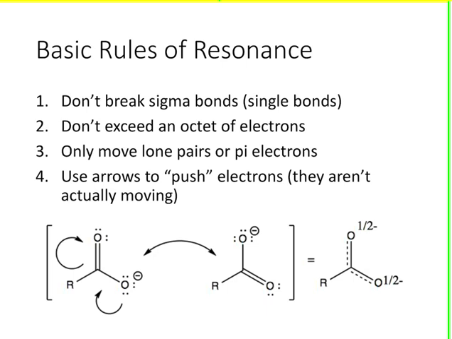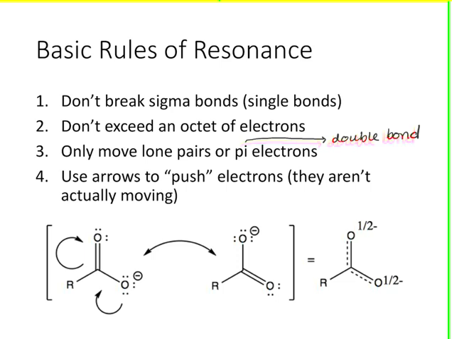Number three, we only move lone pairs of electrons or pi electrons. And remember, the pi electrons are the double bond electrons. And then number four, we use arrows to quote unquote push electrons.